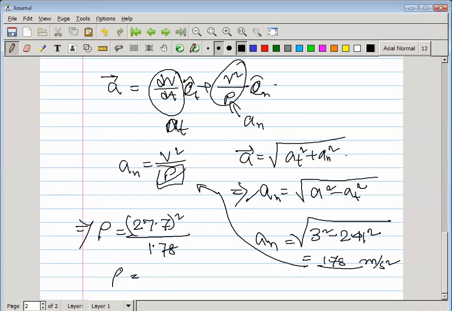So how much is rho? 27.7 whole square divided by 1.78. How much is it?